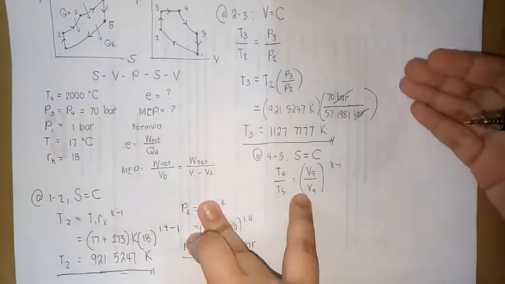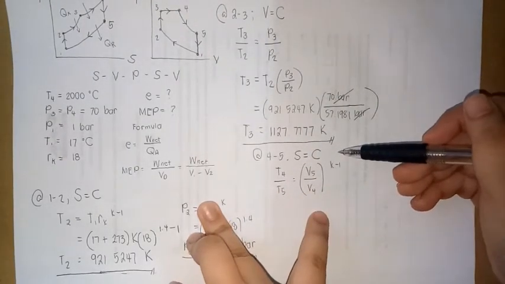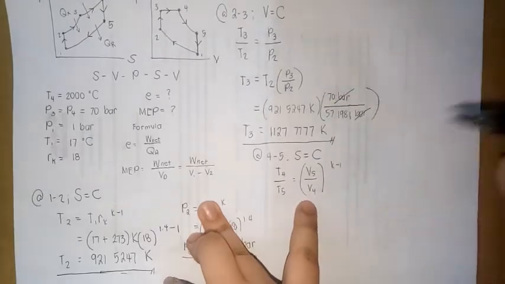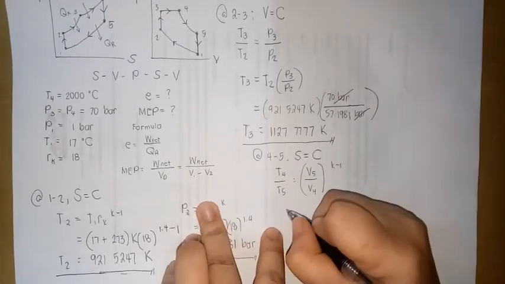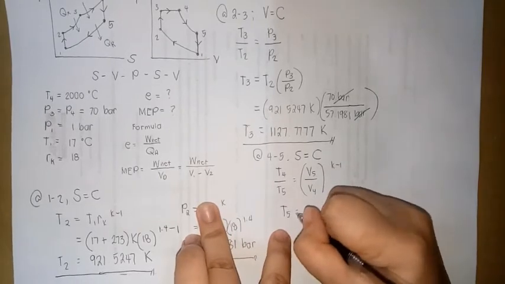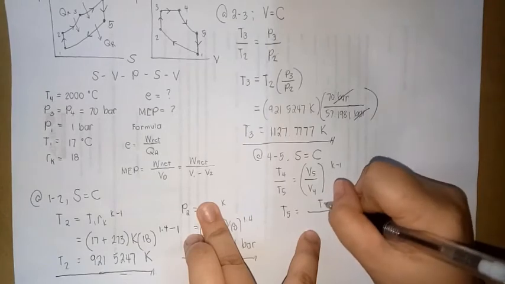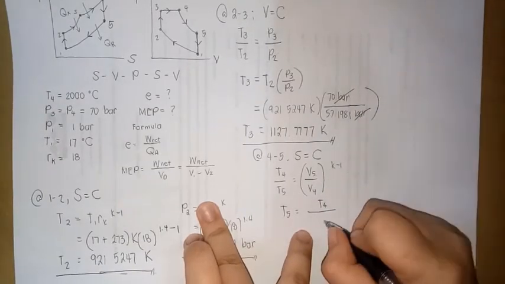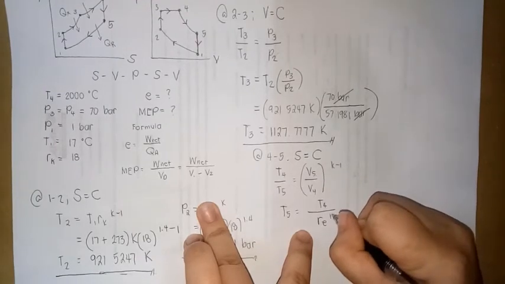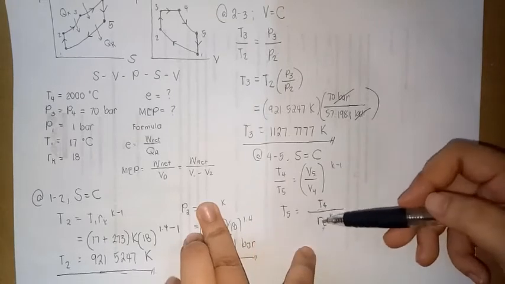Again, if you remember, for isentropic expansion, we have an expansion ratio. The expansion ratio for dual combustion is equivalent to V5 over V4. So, we can say that T5 is equal to T4 divided by the expansion ratio raised to k minus 1. However, we don't have the expansion ratio yet.